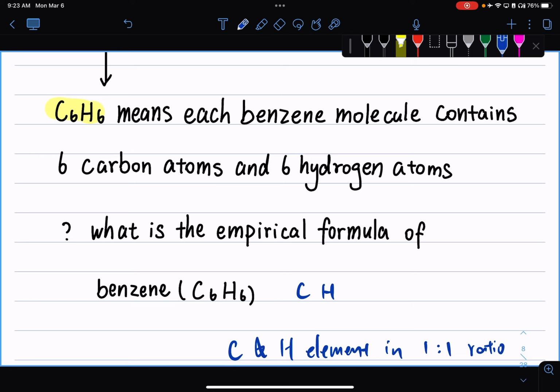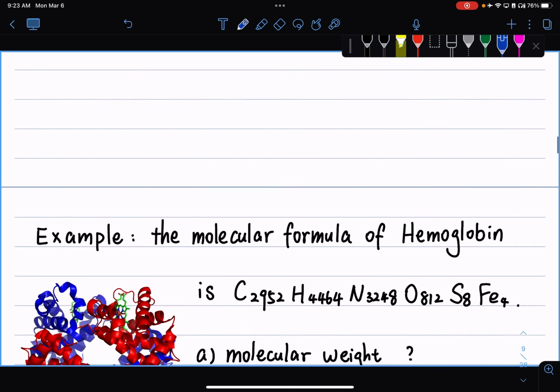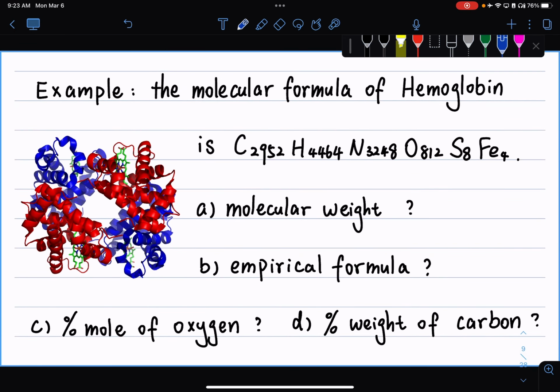Now, with the molecular formula, we have a bit more example questions we can do together. We'll see hemoglobin as an example. That's a protein that carries oxygen in our blood. So let's imagine the molecular formula of hemoglobin is like carbon 2952, hydrogen 4464, and so on. Don't want to read that out.